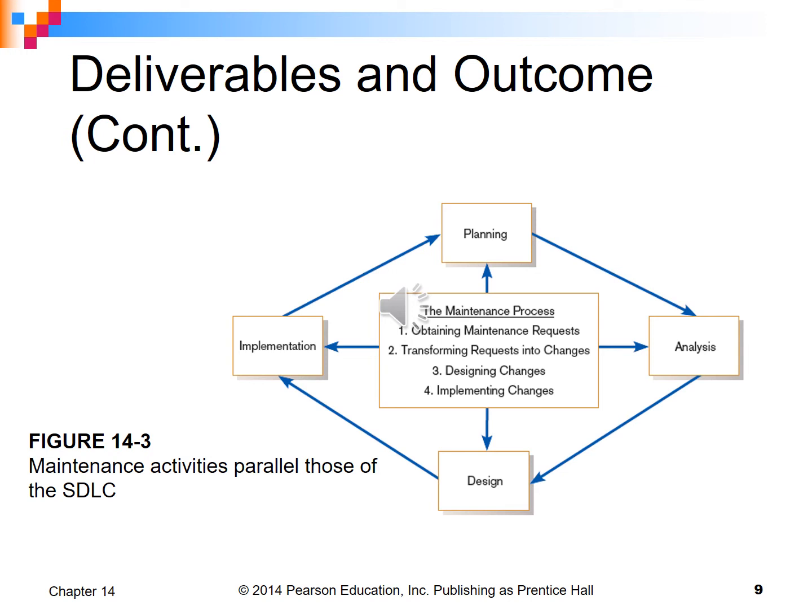Then we go to the design changes, which is the third, and then implementation. Each bullet is really related to one of these phases. So maintenance activities parallel those of the SDLC: planning, analysis, design, and implementation.